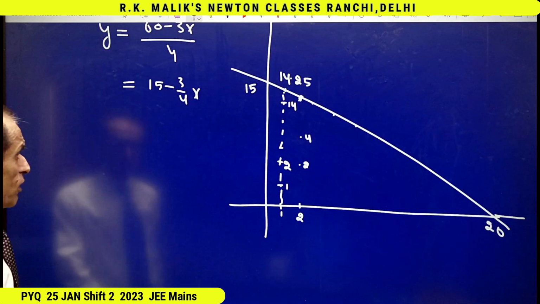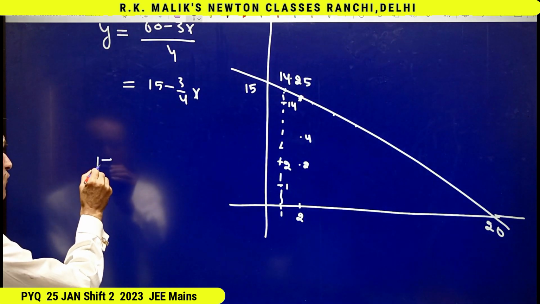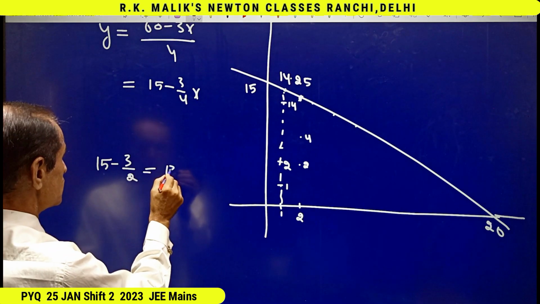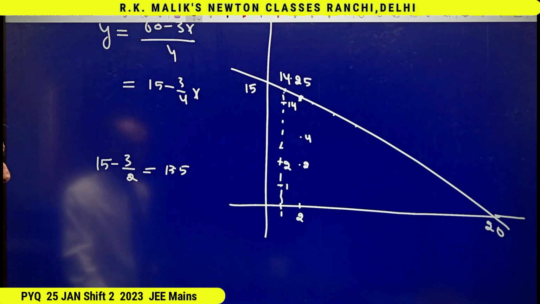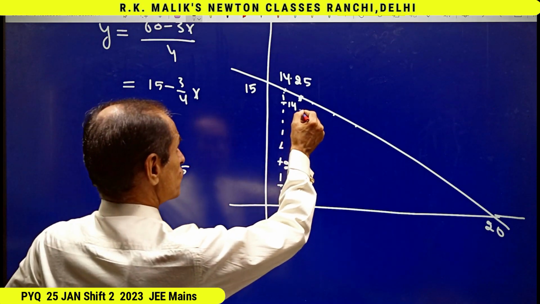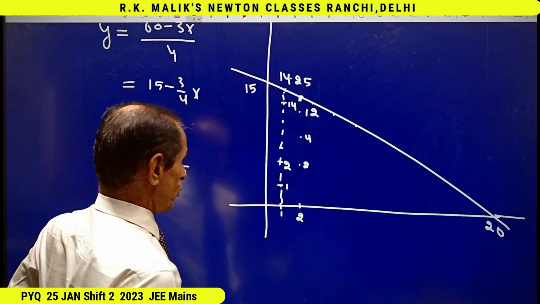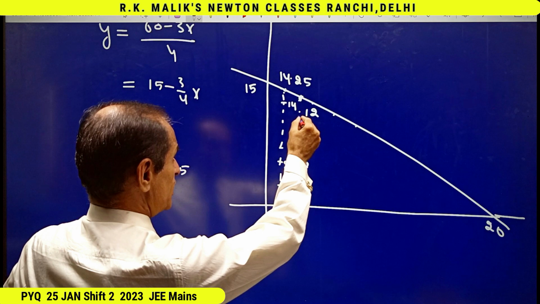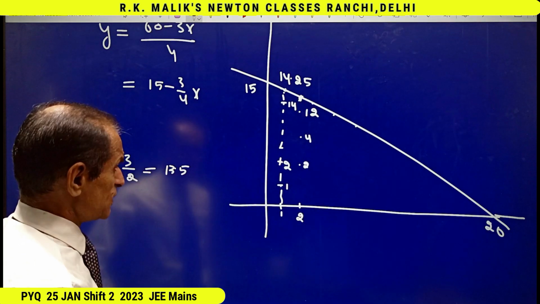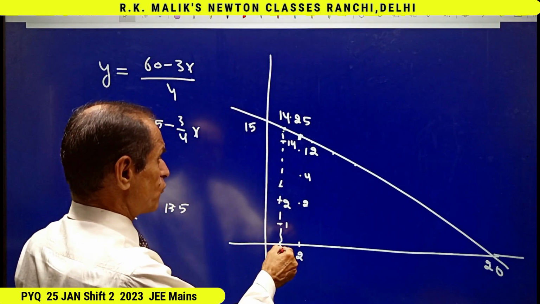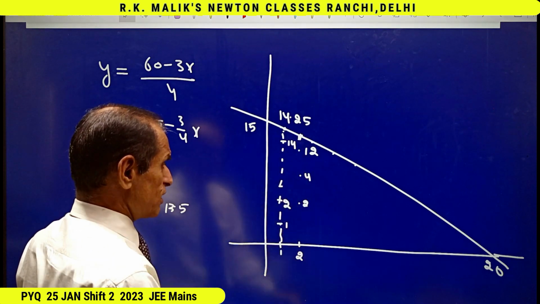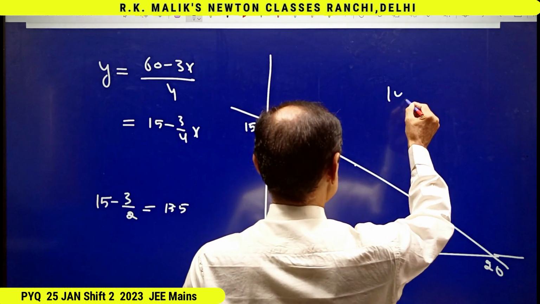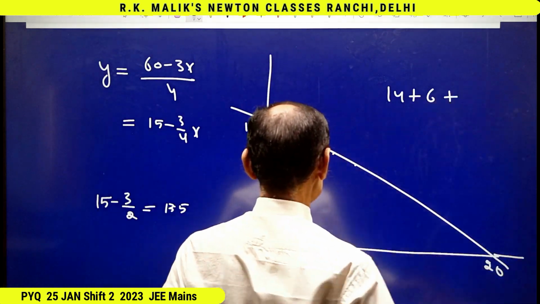For x equal to 2, I will get 15 minus 3 by 2, that is 13.5. Hence we can go up to y coordinate 12. That is, the points having y coordinate 2, 4, 6, 8, 10, 12. There will be 6 points. On the first line, 14 points were there. On this line, 6 points we have got. That is 14 plus 6 plus.